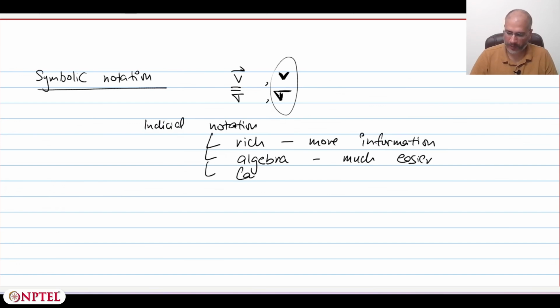In fact, the calculus, and we'll be discussing that in a couple of lectures from now, calculus is also easier to do. You can do it more rigorously, and you can present the calculus of the derivatives of the terms using indicial notation in a much better way. So it's a better presentation.